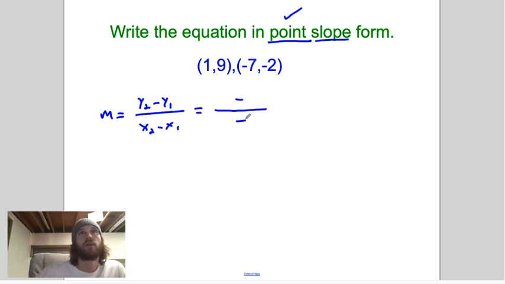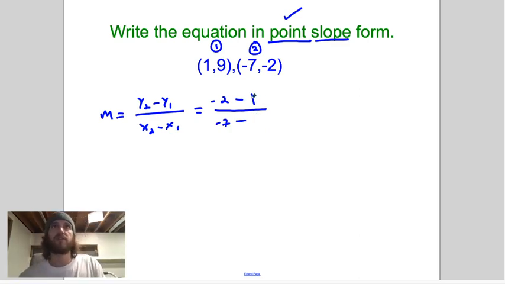Okay, so we're going to do y2, which is -2, minus y1, which is 1, if we're calling this point 2 and this point 1. And then x2 is -7 minus x1, which is, oh man, I'm all over the place. This is supposed to be a 9, sorry, caught my mistake.